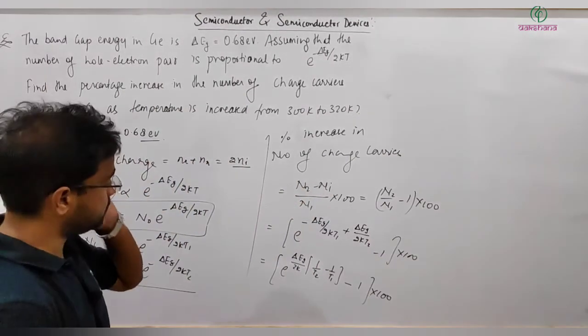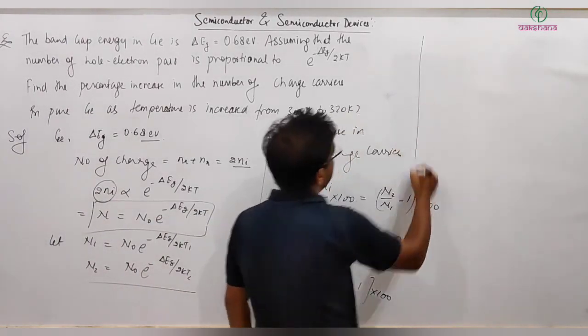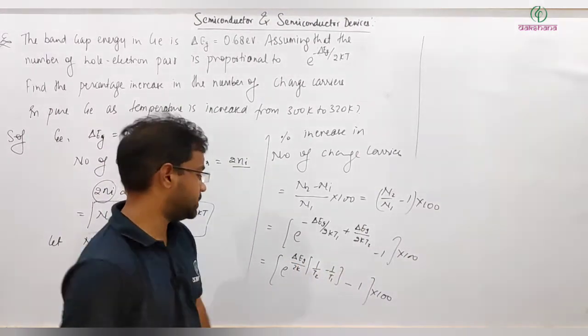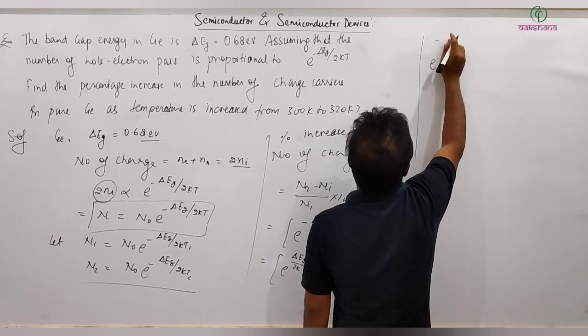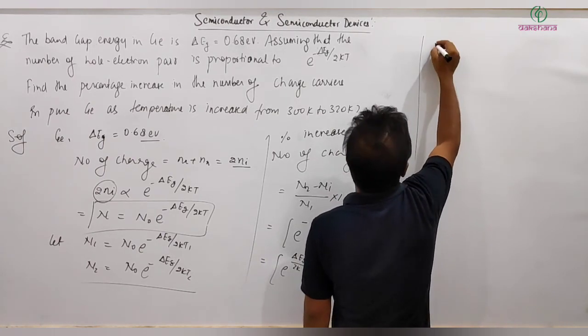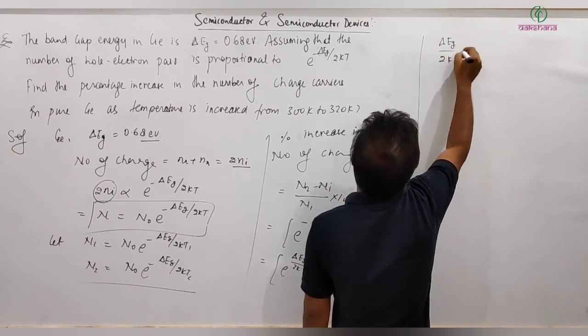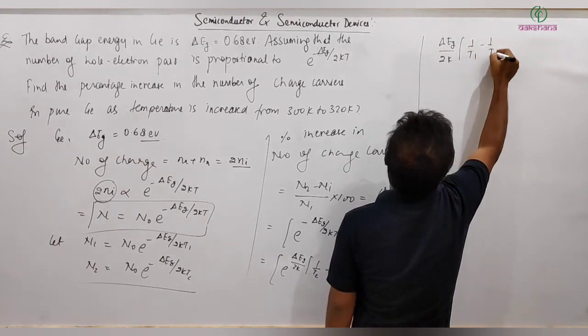Now I can substitute the values. Taking the minus out, it will be 1 by T1 minus 1 by T2, so the exponent is delta Eg divided by 2k, into 1 by T1 minus 1 by T2.